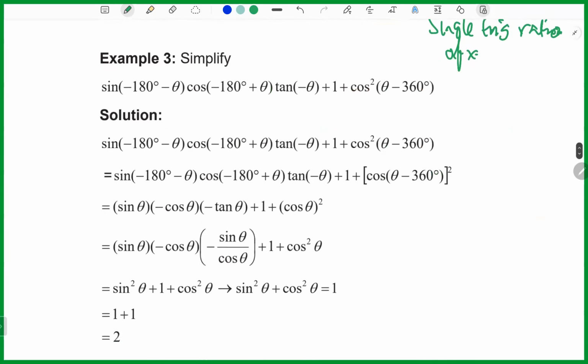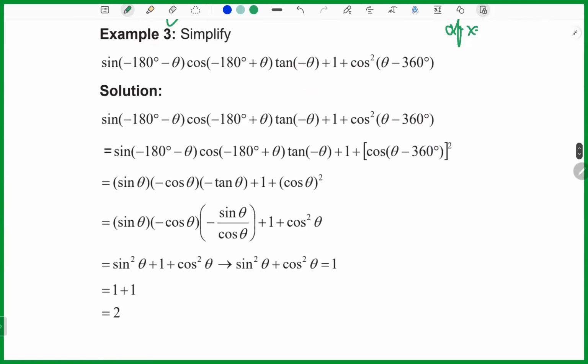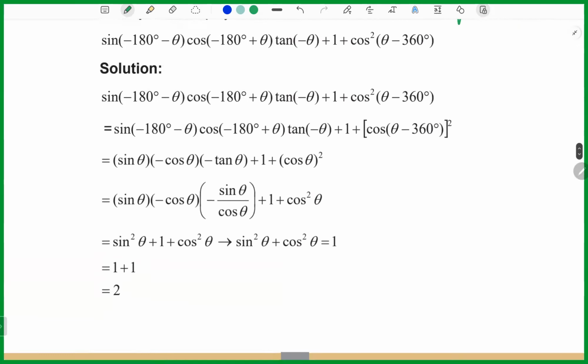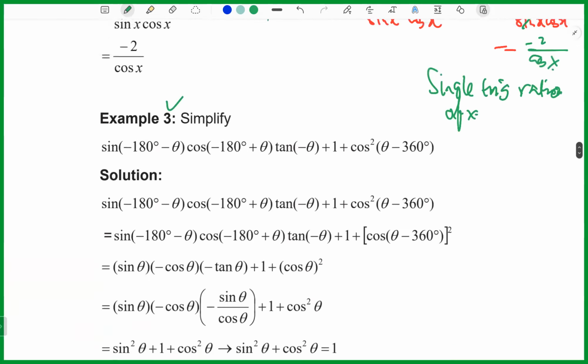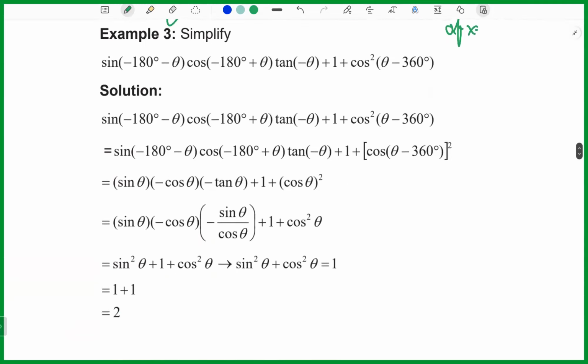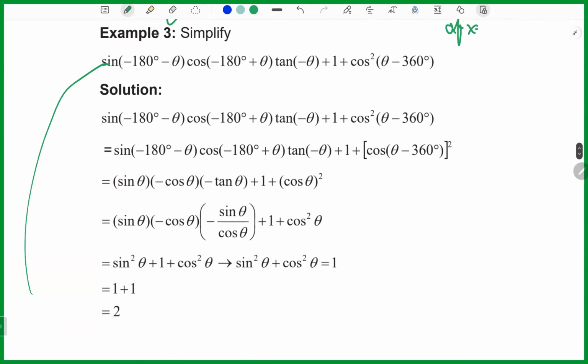We'll do one more example that requires further simplification. In example 3, we need to be able to simplify that. Let's look at the simplification of this. It's already been done, but we're practicing here ourselves.